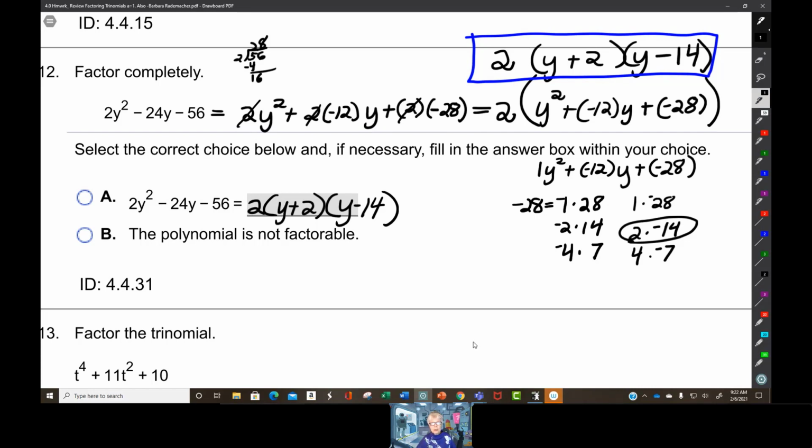Now let's look at how you would check this. Because you now have 3 things that you have to multiply together. This is a factor, this is a factor, and this is a factor. This quadratic trinomial has 3 factors. Okay, so what am I doing? I'm doing check.